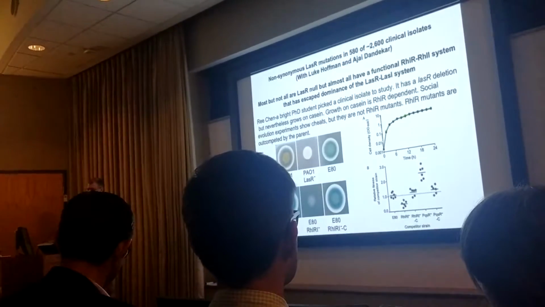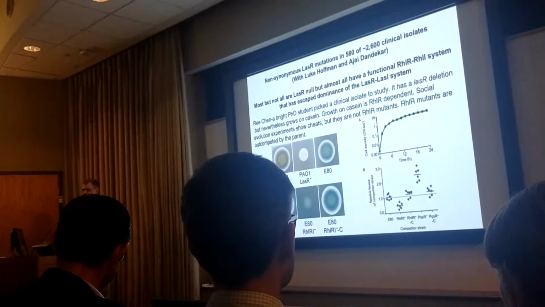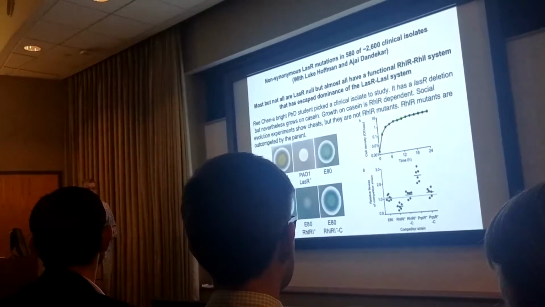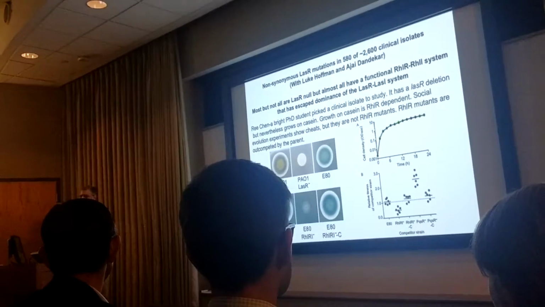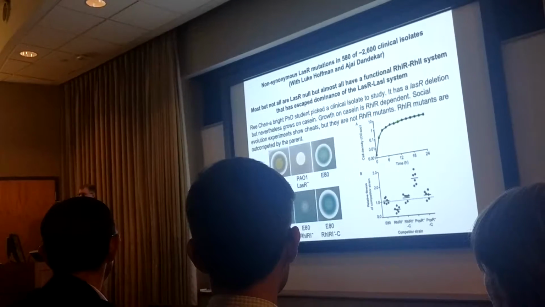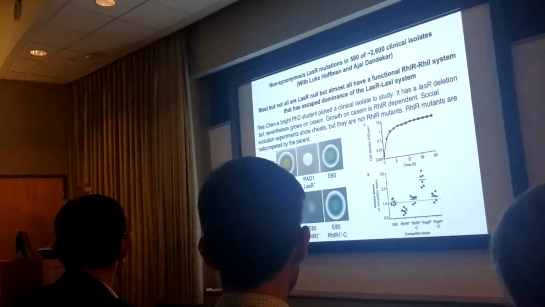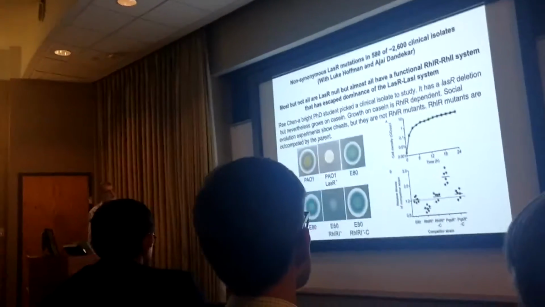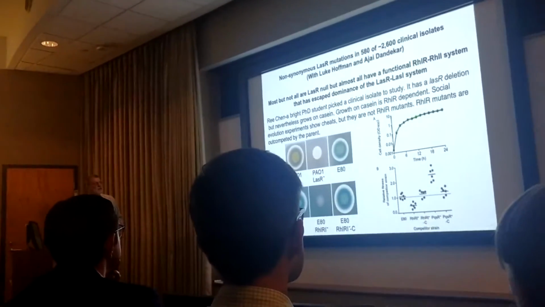He was involved in a big study of Pseudomonas isolates from young children, and he thought maybe LASR mutations would be some sort of biomarker for worsening disease. So he had sequenced LASR in almost all of the isolates that they had from that study, 2,600 isolates.